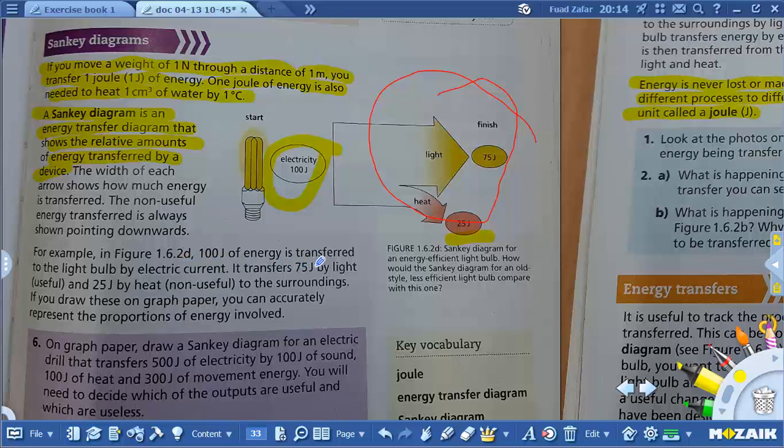It transfers 75 joules by light, useful. And 25 joules of heat is non-useful to the surrounding. So always remember, downwards is always non-useful energy transfer.